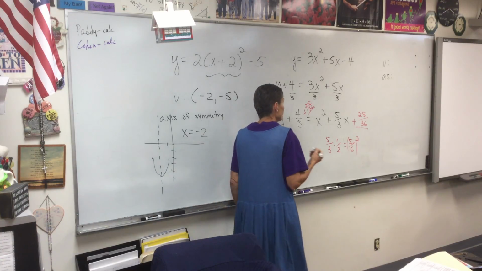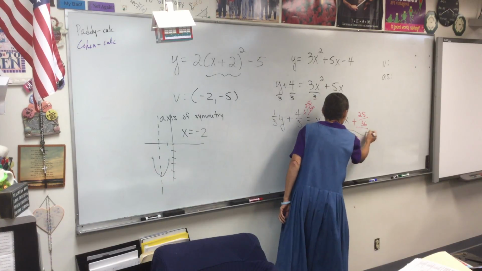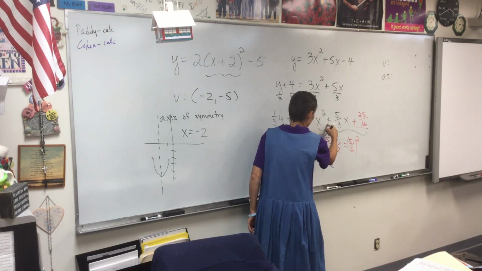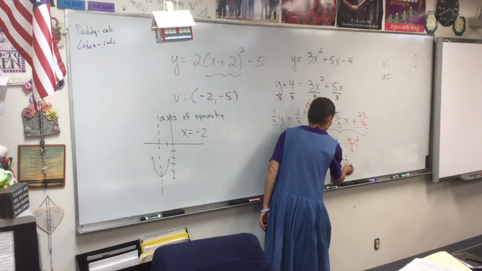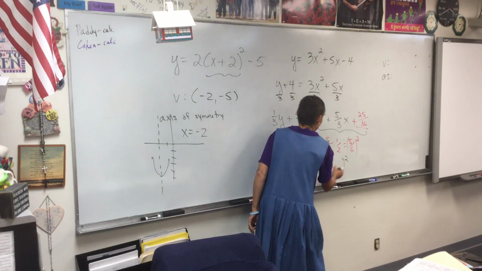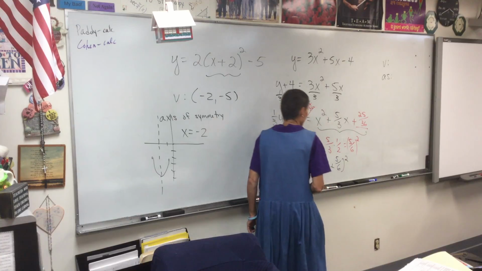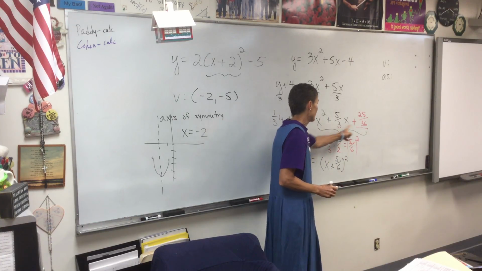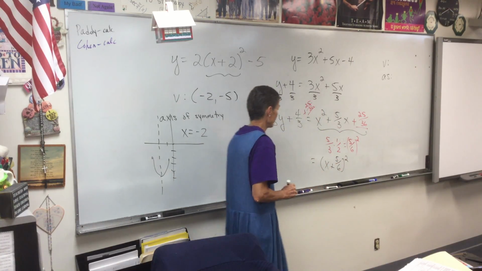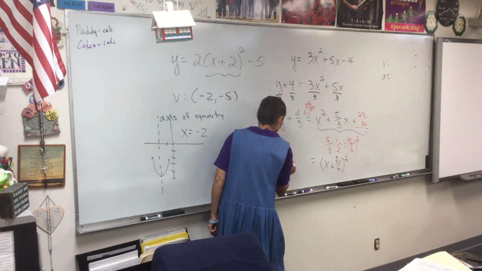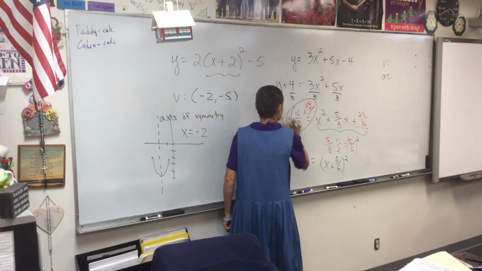Now, if you did what you're supposed to do, this now is your perfect square. That should be x plus what squared? Not 5/3. 5/6. That's going to be x plus 5/6 squared. And then over here, we're going to have to add these two things together.